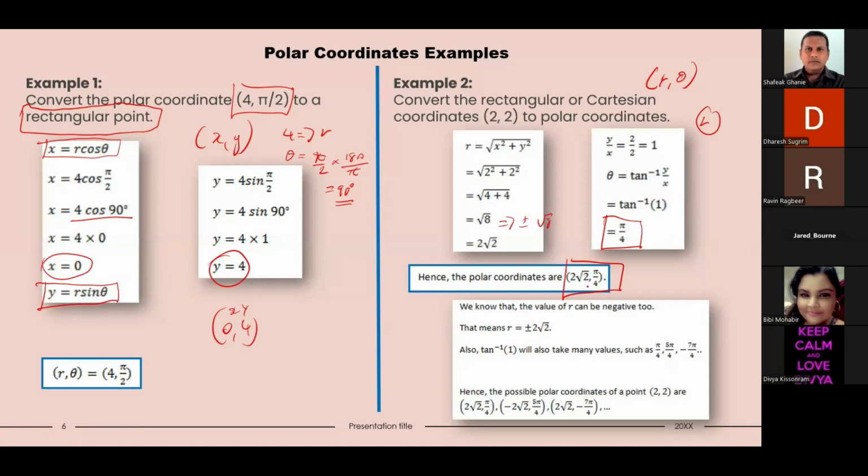You can have other representations of your answer. So you could see some of the representations given here. It's going to be 2 root 2, pi upon 4. You can have minus 2 root 2, pi upon 4. You can have 2 root 2, minus 7 pi upon 4. So these are also all possible polar coordinates of the same point.